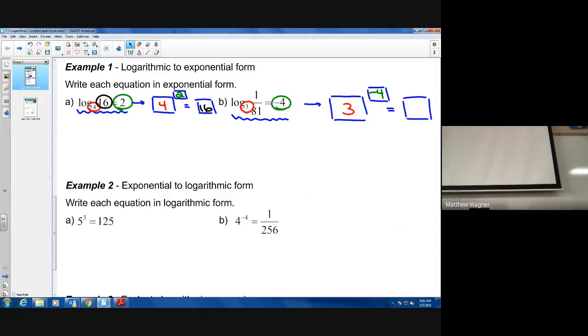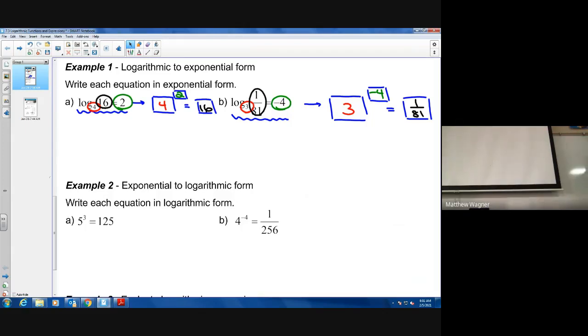And then whatever we're logging is my answer to the exponential equation. All right. 3 to the negative fourth is 1 over 81. 3 to the fourth is 81, and a negative exponent gives the reciprocal. Base, power, answer. Keep in mind, as we log things, we're looking for the power associated with those two numbers.